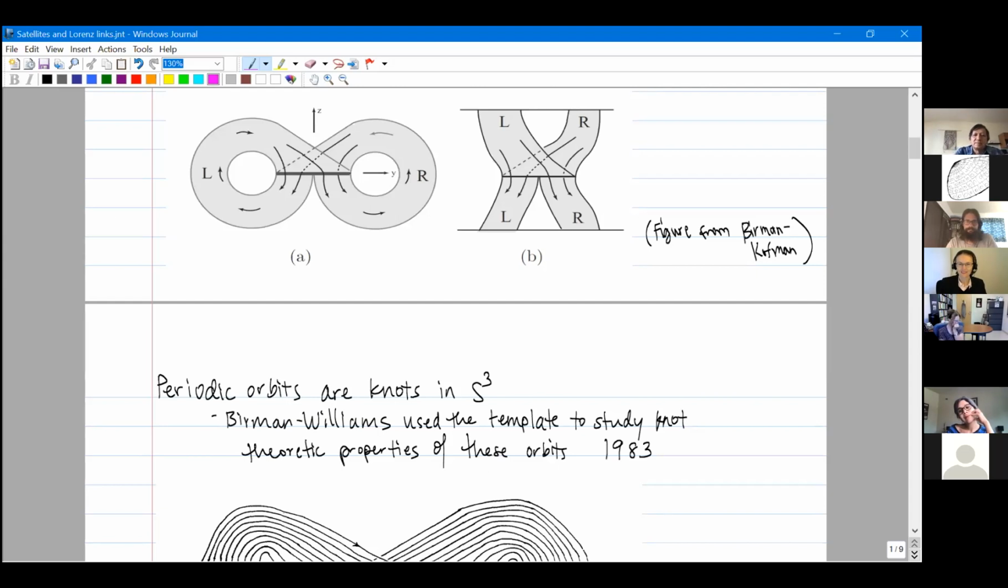But these knots really are some sort of orbits that show up in dynamical systems, right? Yeah, that's right. But is there any example of a satellite knot that is not a Lorenz knot? Yes, there are examples of satellite knots that are not Lorenz knots. I think Birman and Williams actually have examples in their 1983 paper.